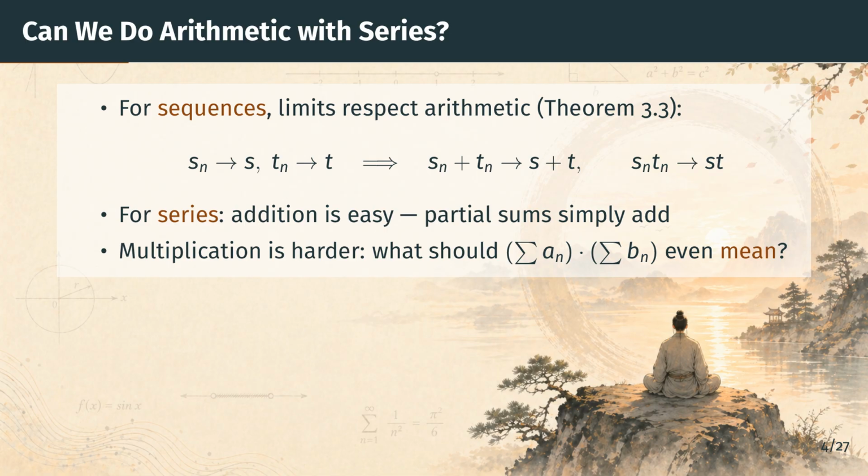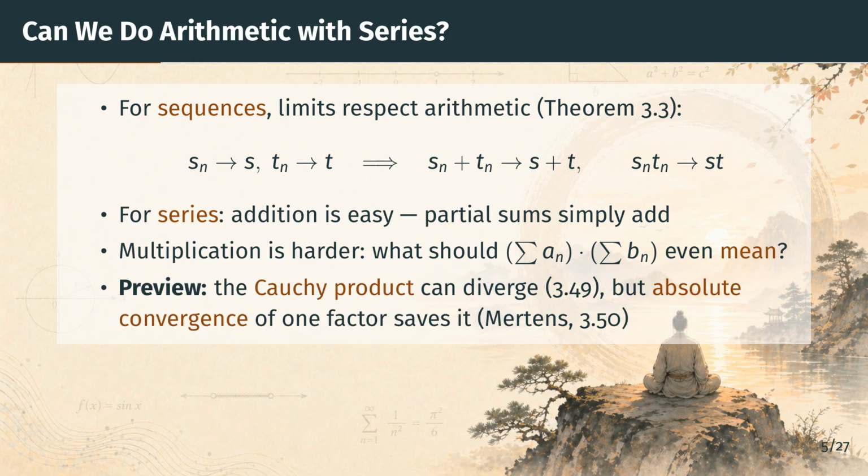Next, here is a preview of what we will find. We will adopt the so-called Cauchy product as our definition of multiplication. Surprisingly, the Cauchy product of two convergent series can diverge. Example 349 gives an explicit case.